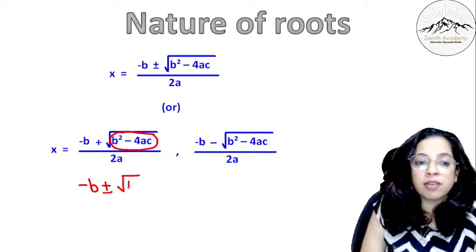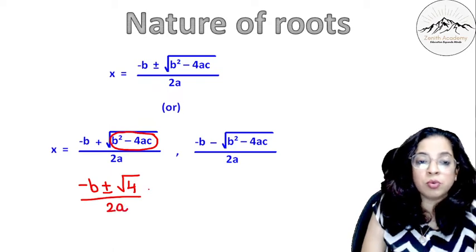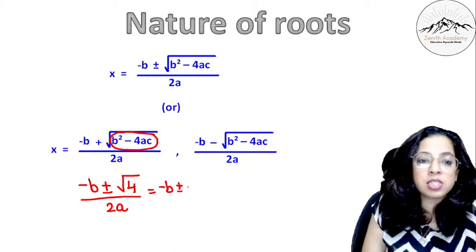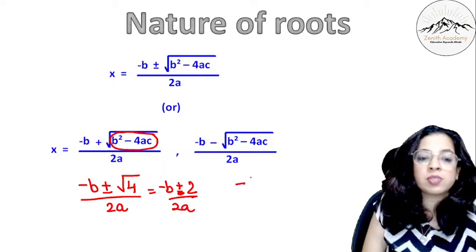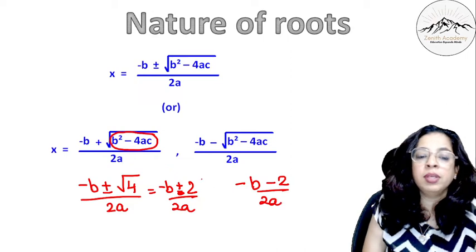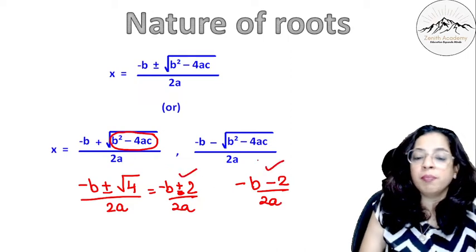Suppose I take 4, just taking an example to explain. So the square root becomes 2. So it is minus b plus 2 upon 2a, and here it is minus b minus 2 upon 2a. Are you getting me? So these are two different numbers.